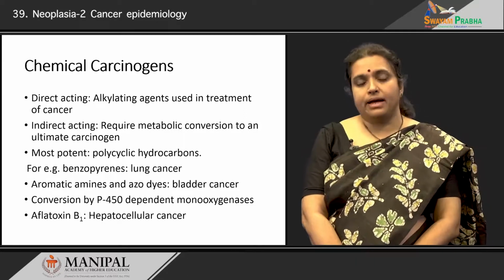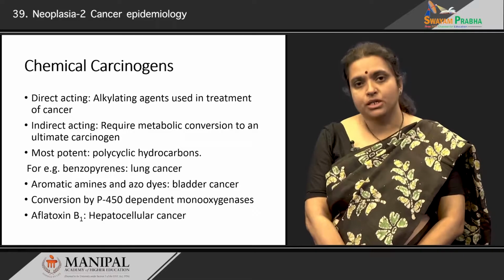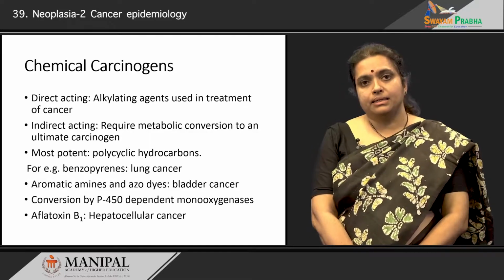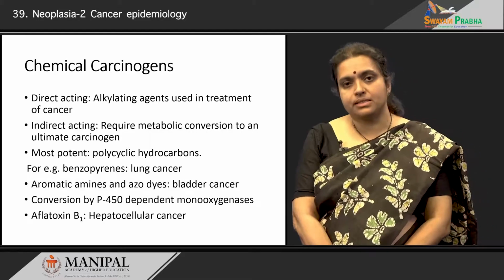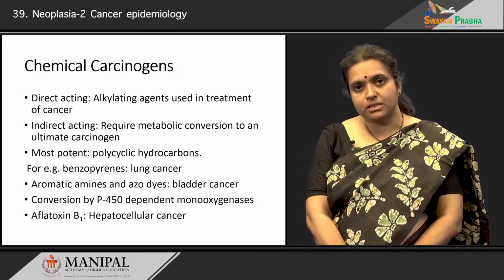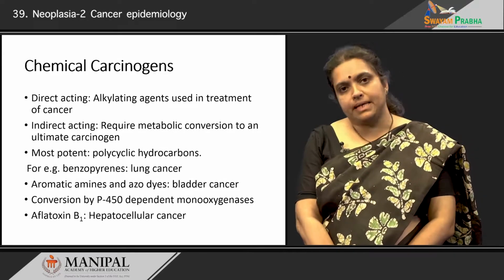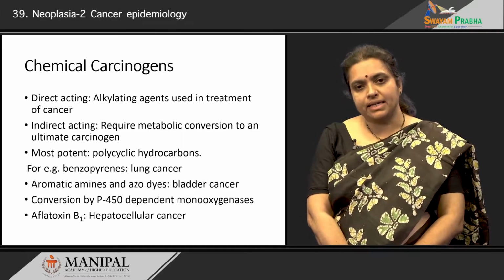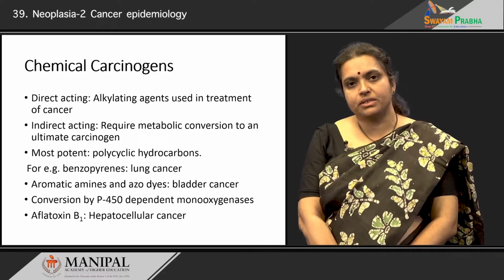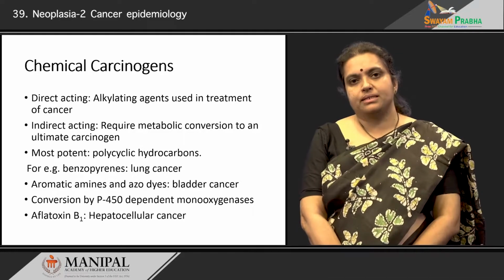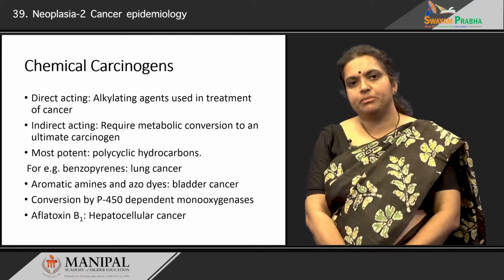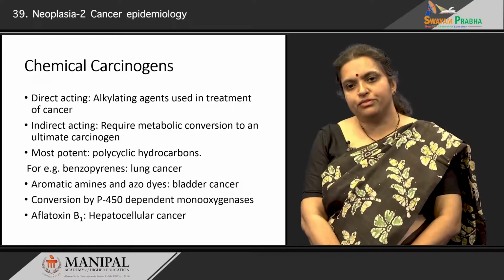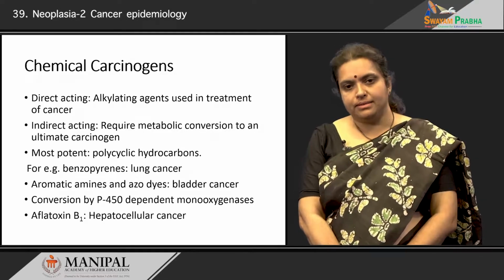It is ironic that we use certain agents to treat cancer, and because of the use of these agents, the patients can later on develop a second cancer. Because these alkylating drugs, the drugs that are used in the treatment of cancer, could lead to genetic damage and the development of a further cancer in the later years.